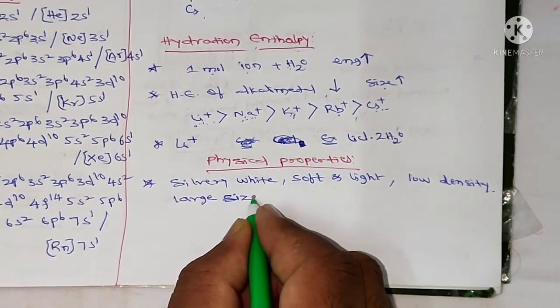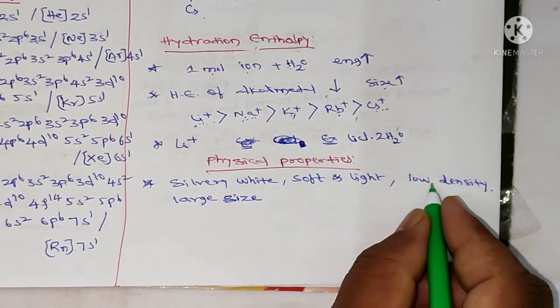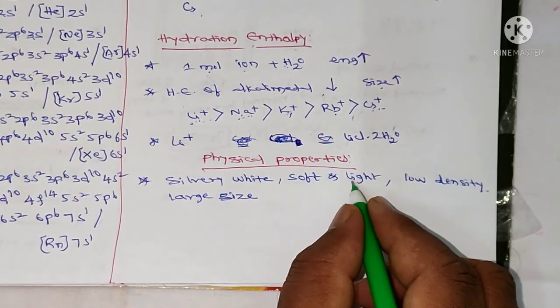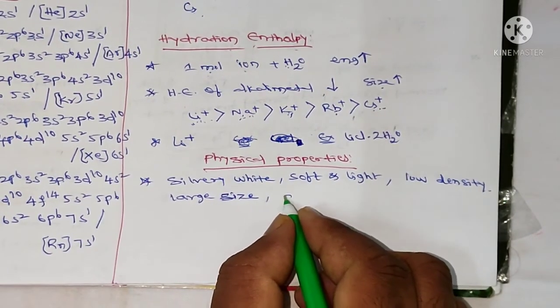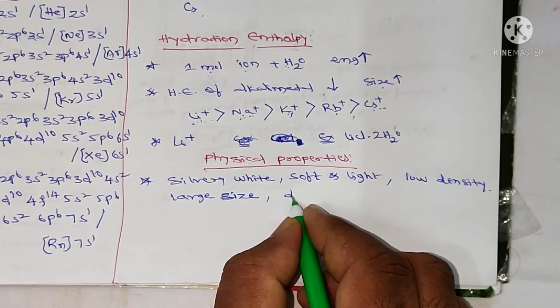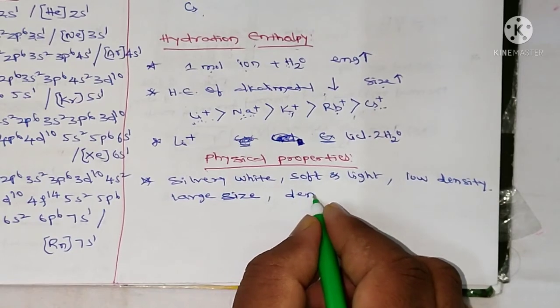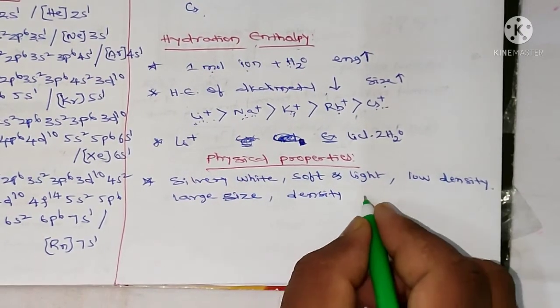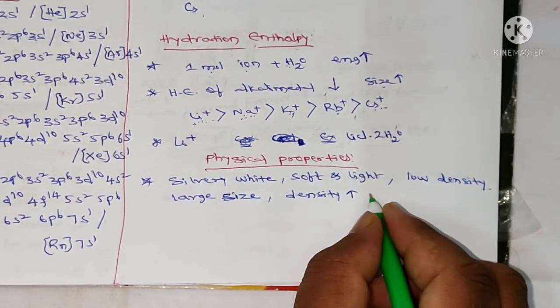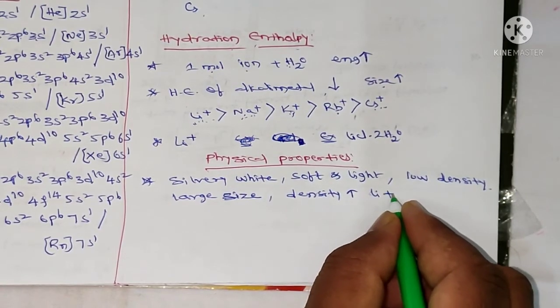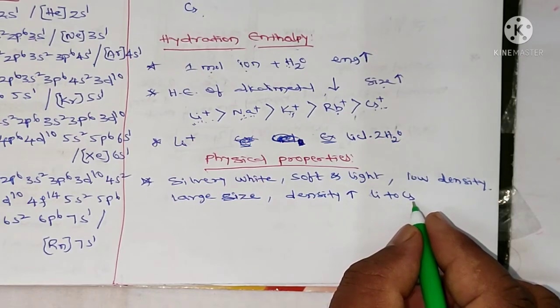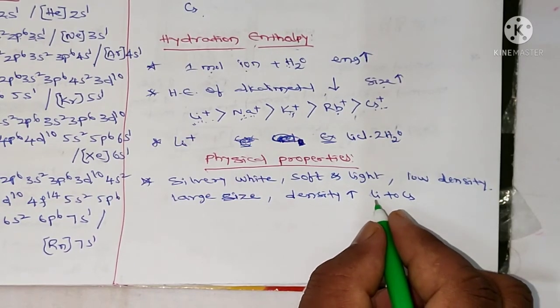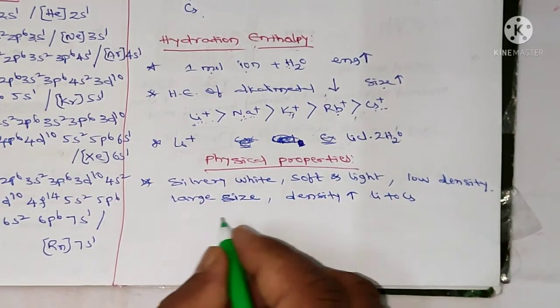Because of large size, the density of the first group elements is very low, and the density increases from lithium to cesium, meaning cesium has more density than lithium.